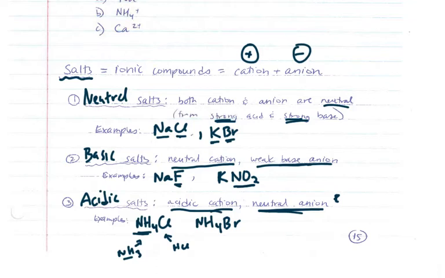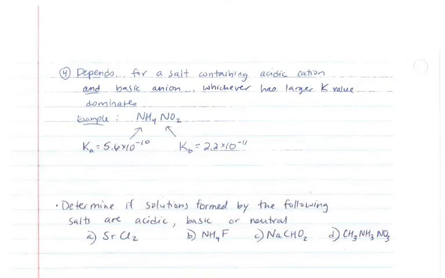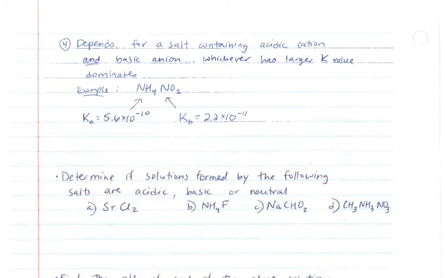So one other situation, sort of a fourth scenario, is if you have a salt that's made of an acidic cation and a basic anion. How do you know what it's going to do to the solution? Basically it comes down to that same rule of the stronger one dominates. So whichever one has the larger K value will dominate.